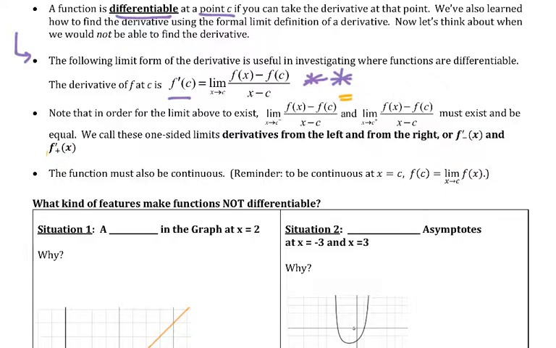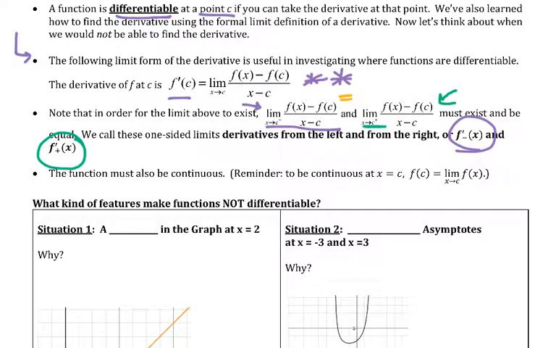So when we're looking at this limit here from the left, this is the definition of the derivative as you approach c from the left. That goes with this notation, f prime from the left. And then as we look at this one, the limit as x approaches c from the right, that's looking at the right-hand derivative.